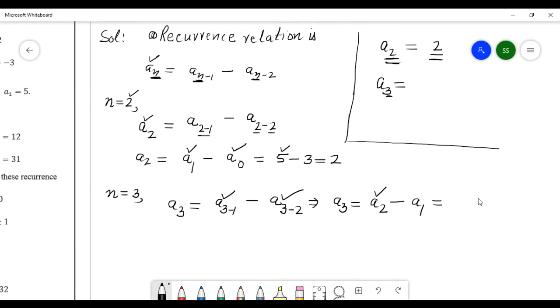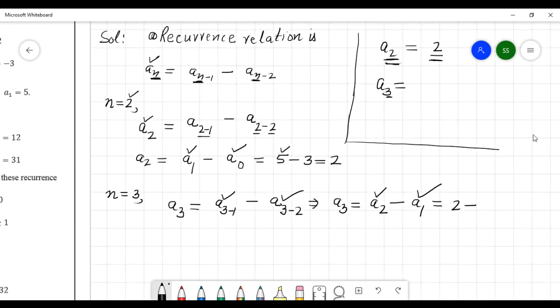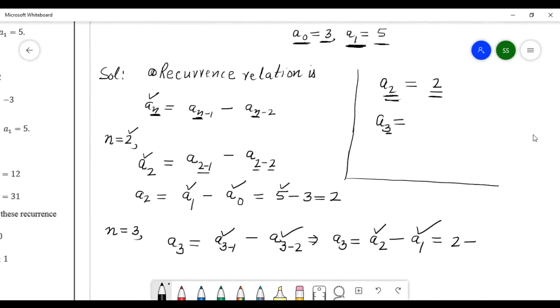So A2 here is present: 2 minus A1. A1 is present in the question. A1 equal to 5. Okay. 2 minus 5 equal to minus 3. This is minus 3. A3 equal to minus 3. Right?